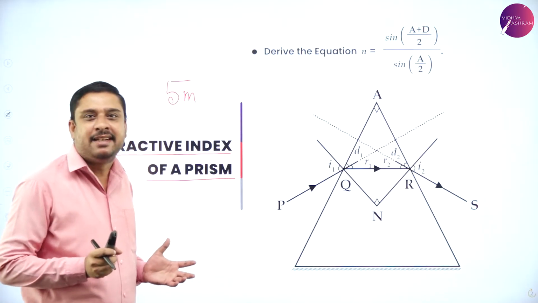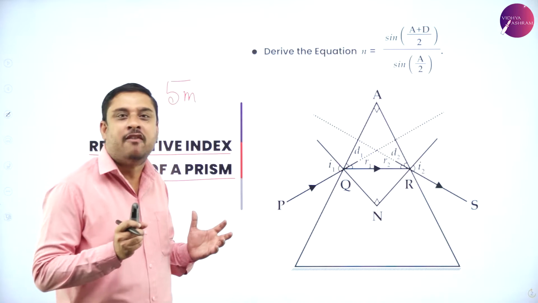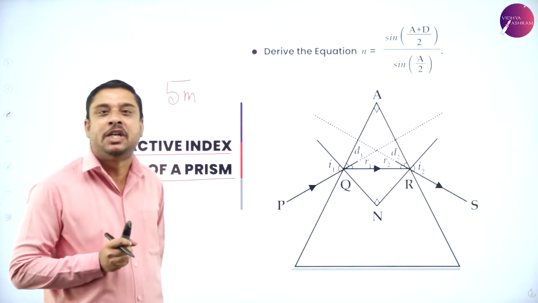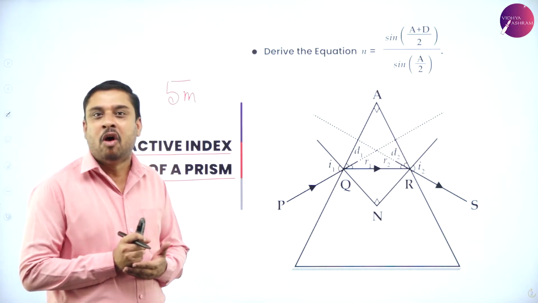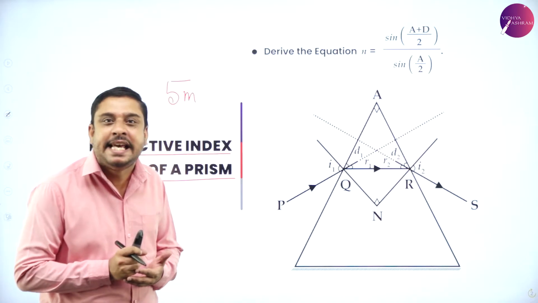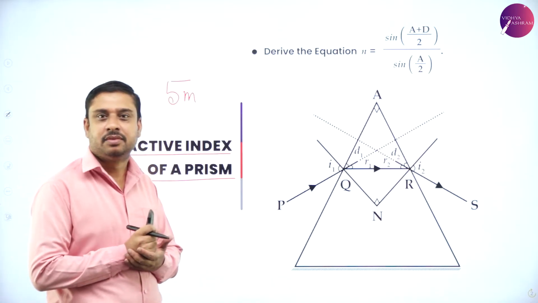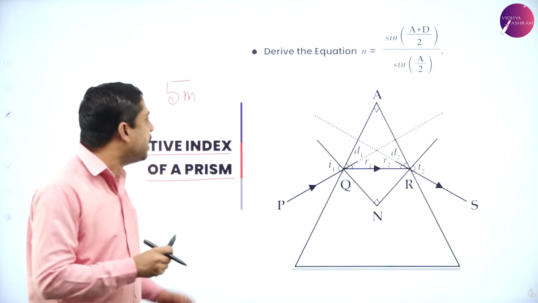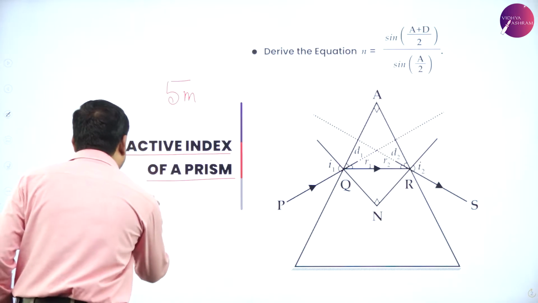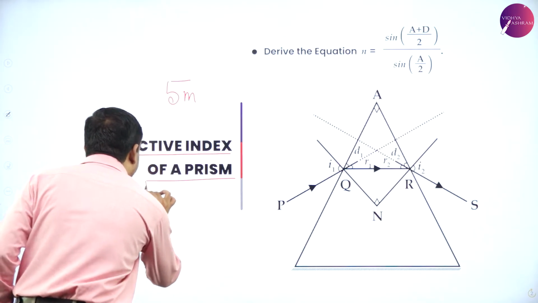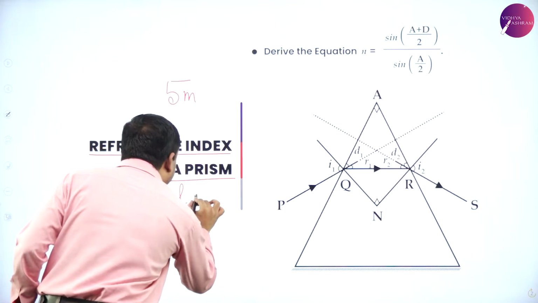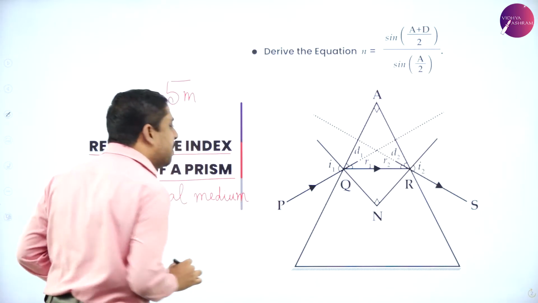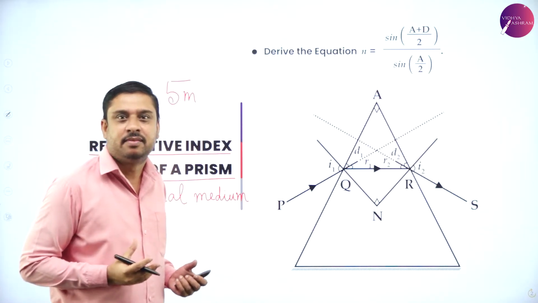I understand that in your lower classes, when you were taken to the lab, all of you have seen a prism. What is a prism? It is an optical medium. A prism is an optical medium which is made of glass.